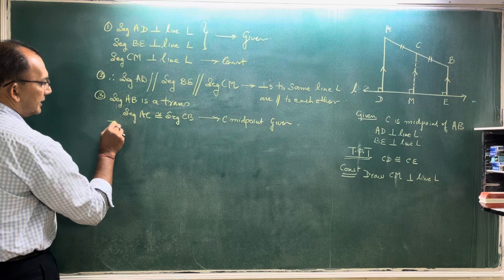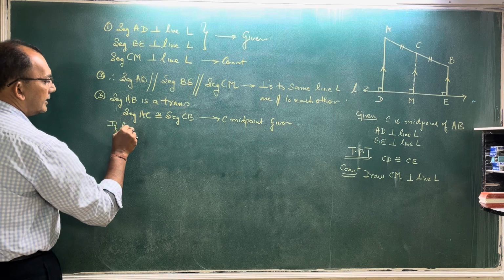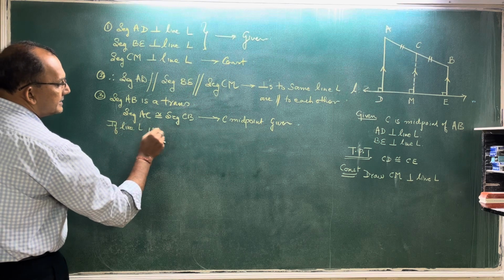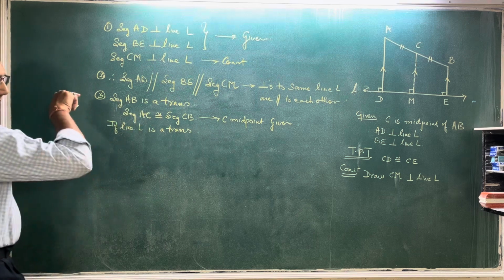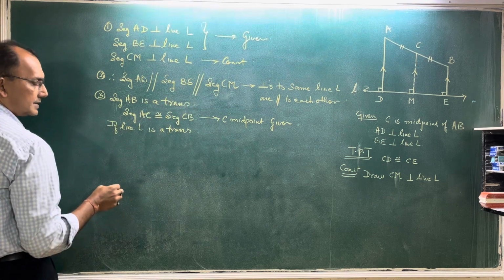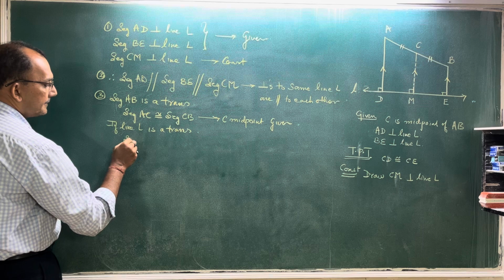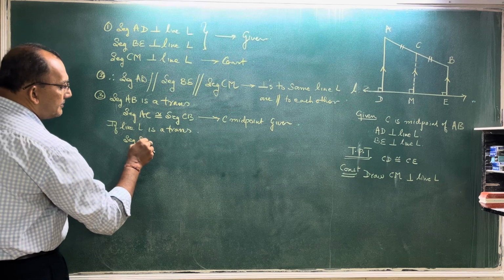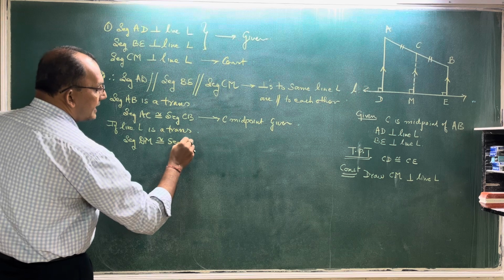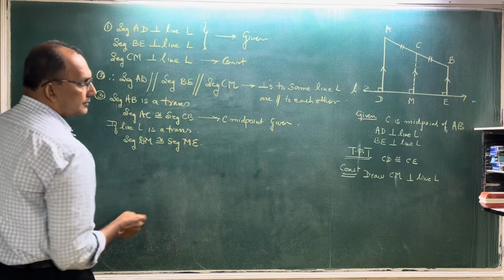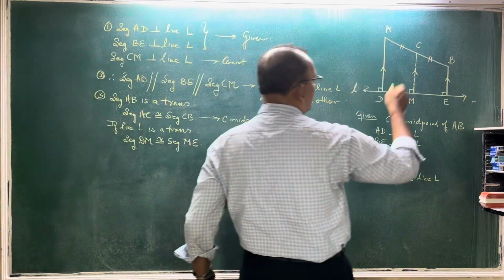Now if I consider line L as a transversal, I should get seg DM congruent to seg ME. So children, these are the three parallel lines.